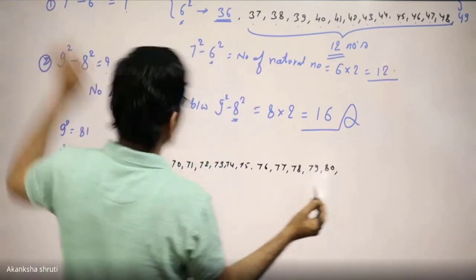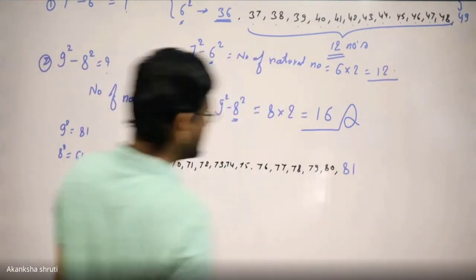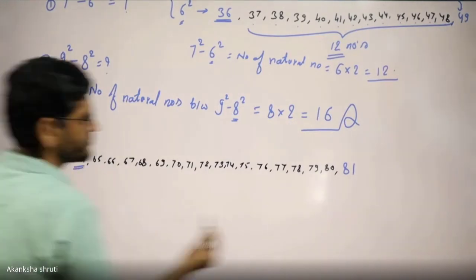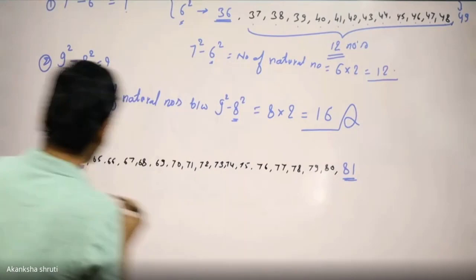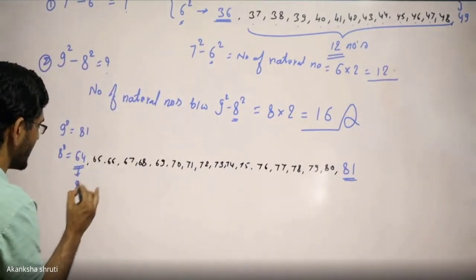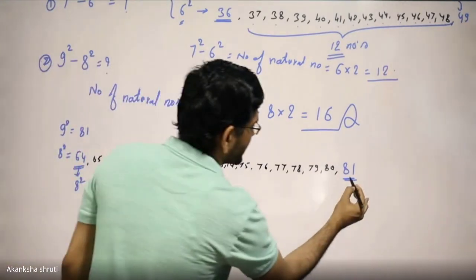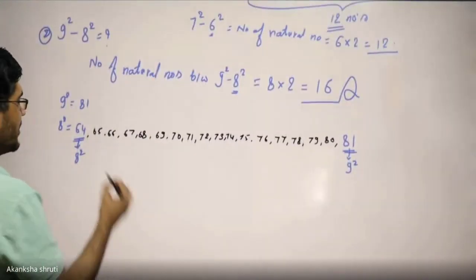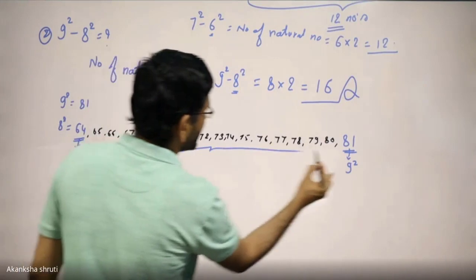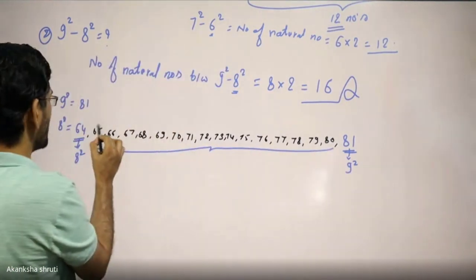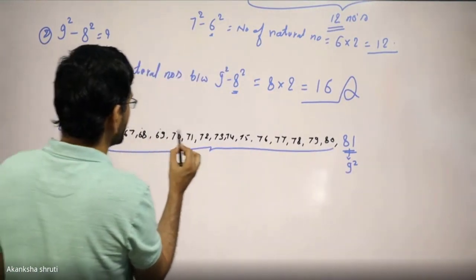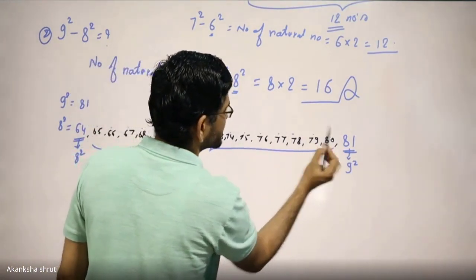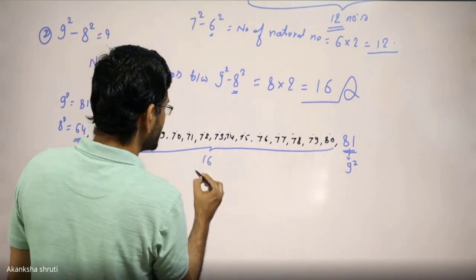Then we have the number 81. Observe this. Between this 64, our 8 square, and 81, our 9 square, how many natural numbers are there? Just count: 1, 2, 3, 4, 5, 6, 7, 8, 9, 10, 11, 12, 13, 14, 15, 16. So it is 16.